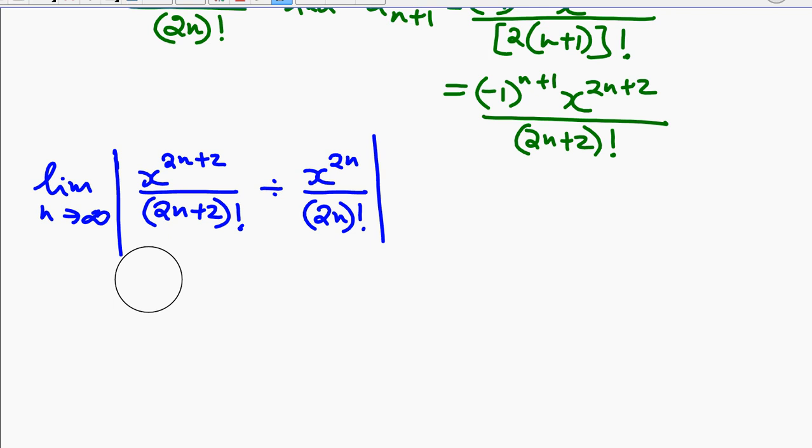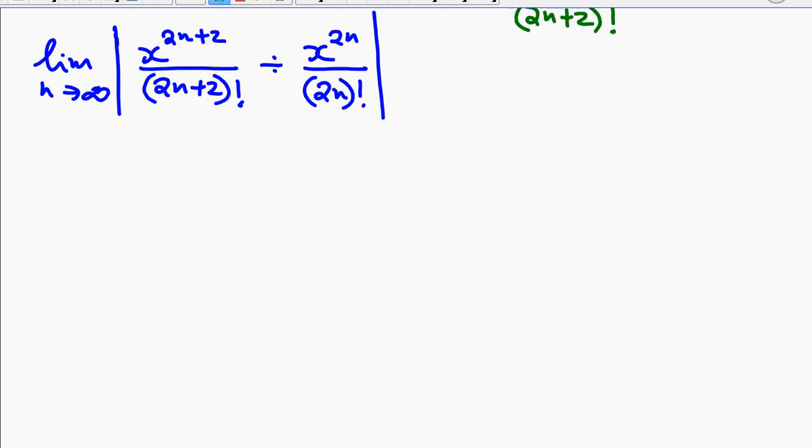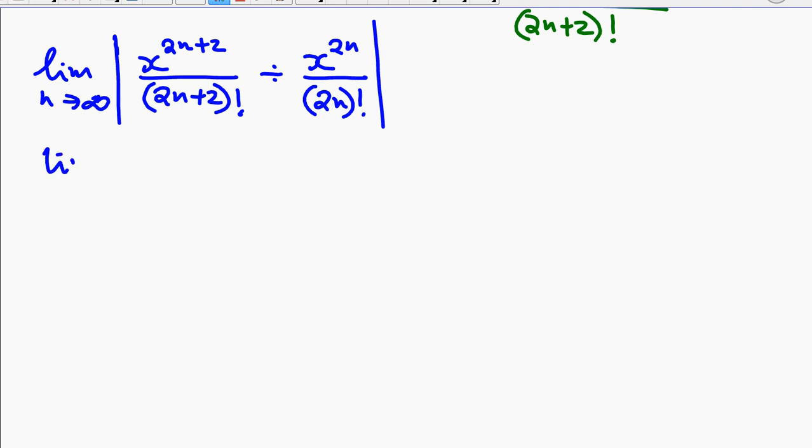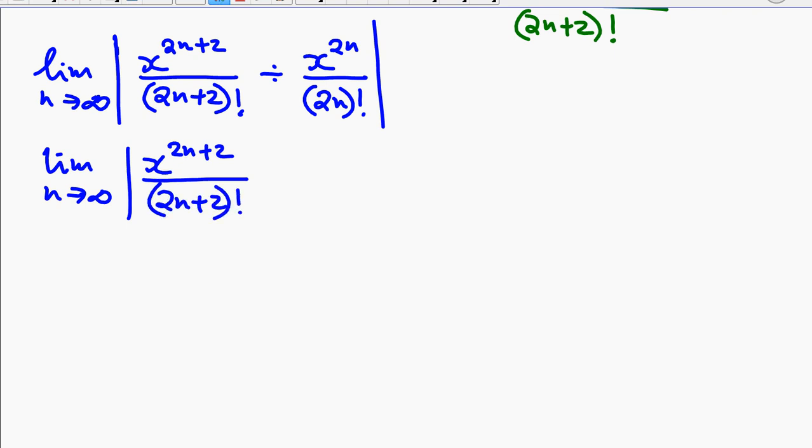All right. What we'll end up with here is the first term, I'll leave it as it is, but I'm going to get the reciprocal of the other one.